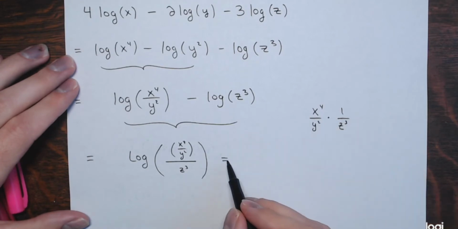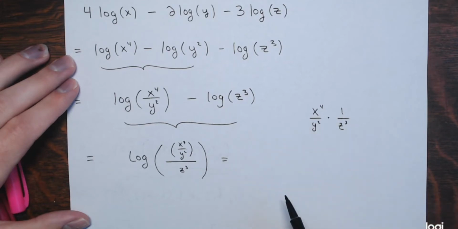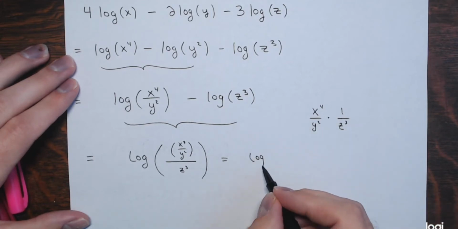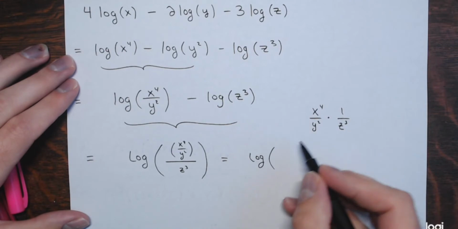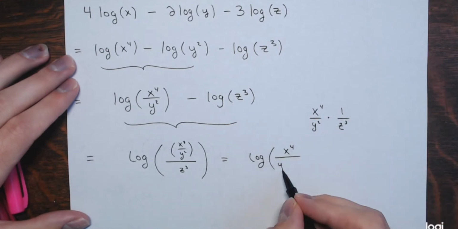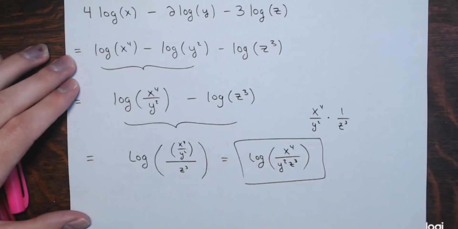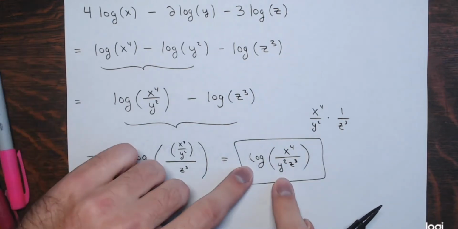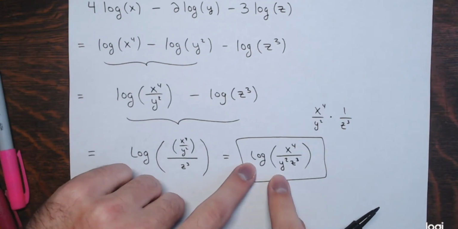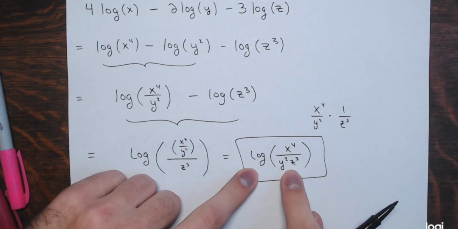So this expression in here is actually just x to the fourth in the numerator and then y squared z cubed in the denominator. So we have the log of x to the fourth in the numerator, and y squared times z cubed in the denominator. And there's our final log. A single log of a simplified argument; this can't be simplified any further.